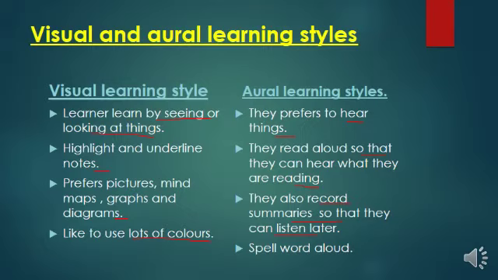It might be on your cell phone, it might be on your iPad or a recorder, anything. So when you read aloud, you record yourself, then you listen to that later. Even when they spell words aloud. So this is the oral learner. Remember, they learn by hearing things. Just by hearing the voice when somebody speaks, they can learn.